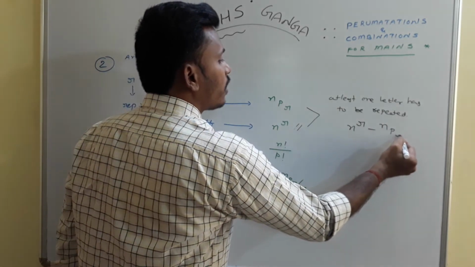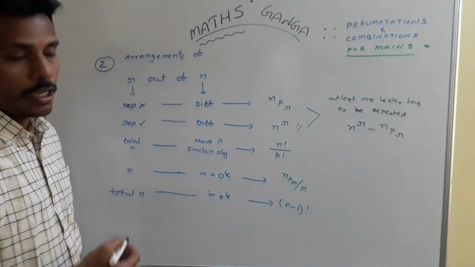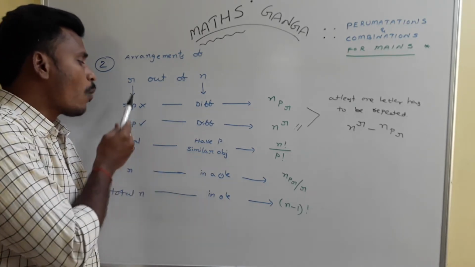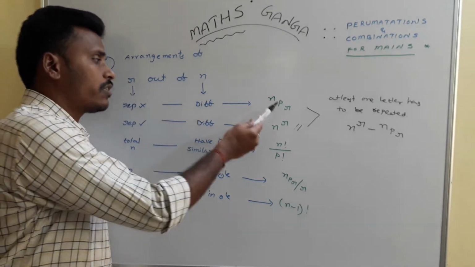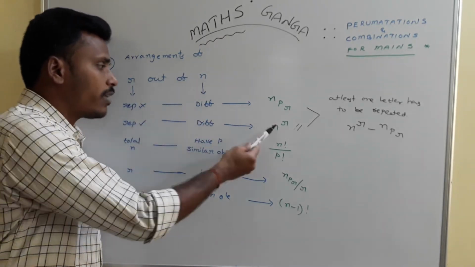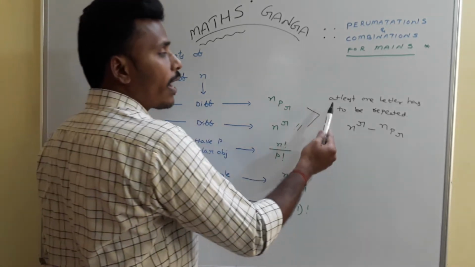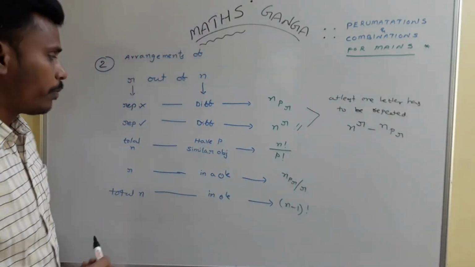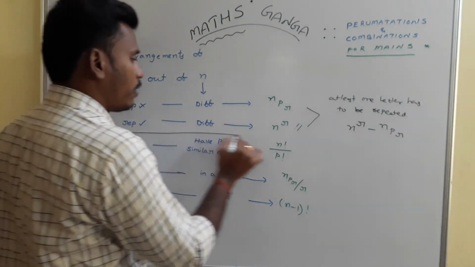Then our required answer in this case is N power R minus NPR. So basically here we have 3 different situations. Arrangements of R out of N different objects when repetition is not allowed is NPR. Arrangements of R out of N different objects when repetition is allowed is N power R. And the number of arrangements in which at least one letter has to be repeated is N power R minus NPR.